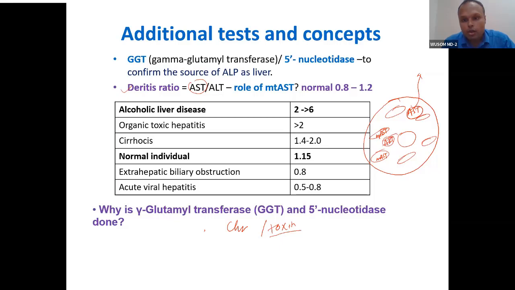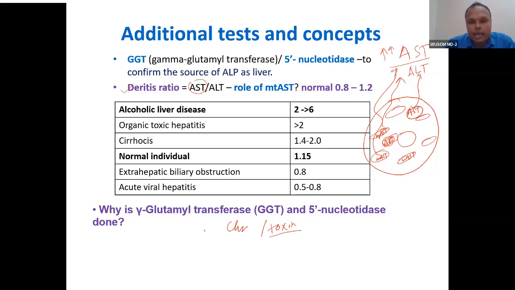So remember, this is mitochondrial AST. Because of damage to the mitochondrial membrane, this will also come out. Now you can see AST concentration is very high, and ALT is the same, derived from cytosol.